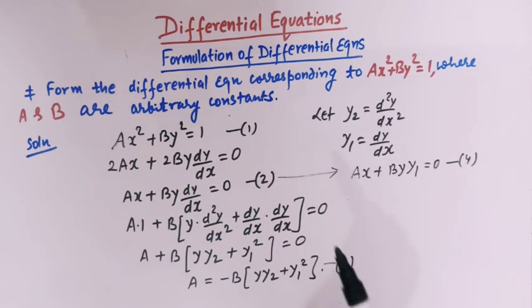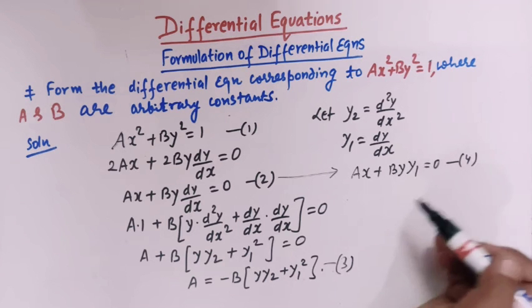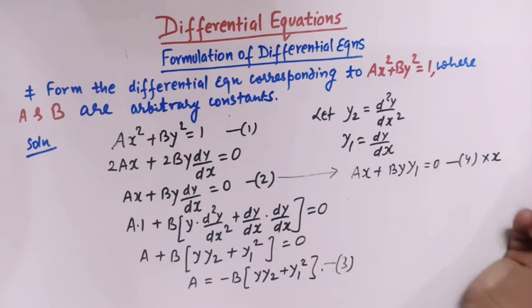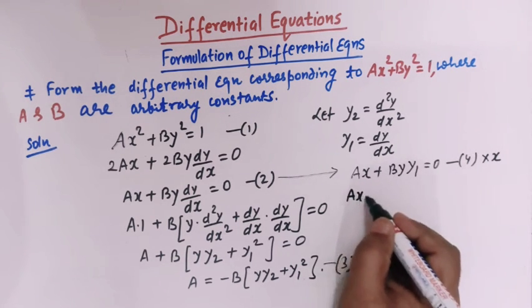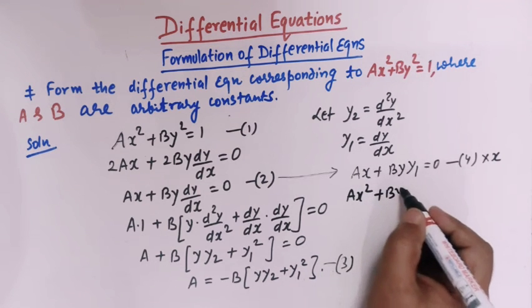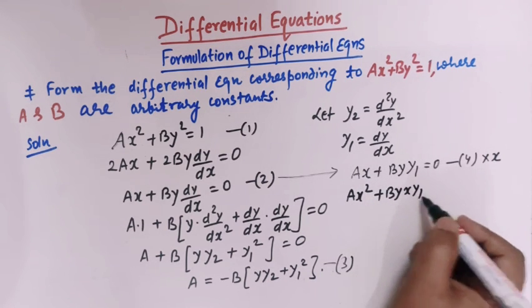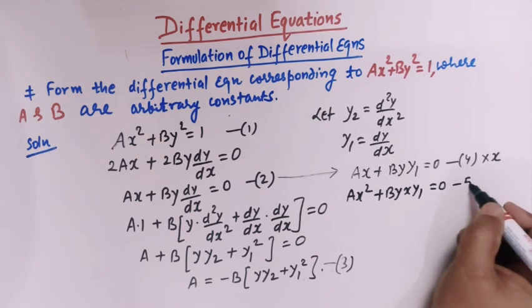So let us multiply equation 4 by x, right? So what we will get is ax² + b x y y1 = 0, right?